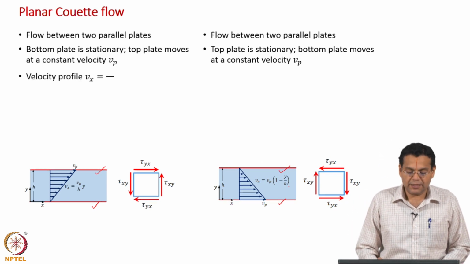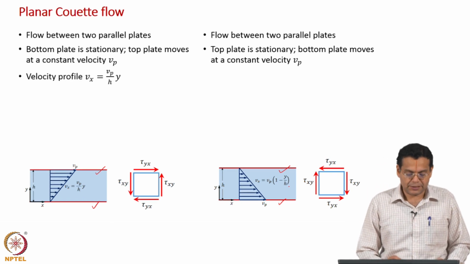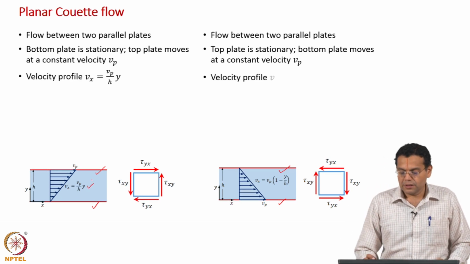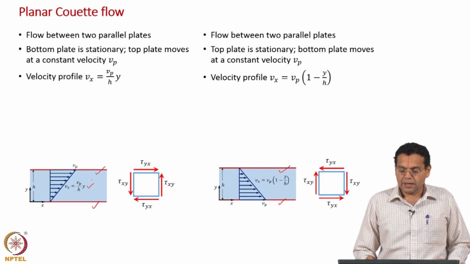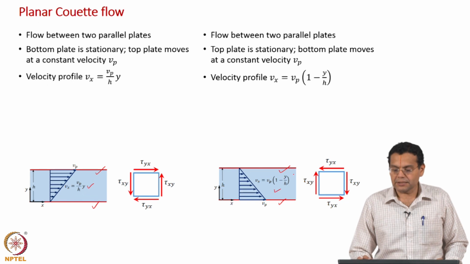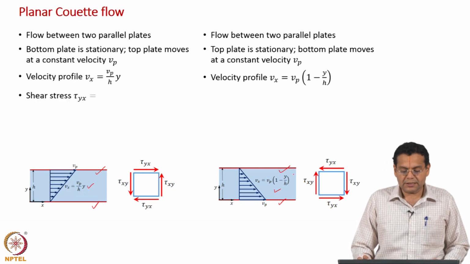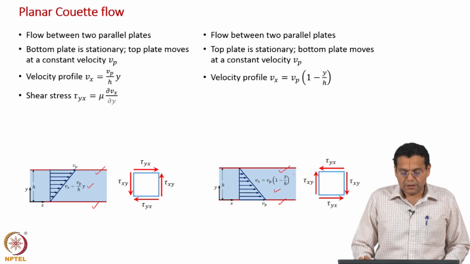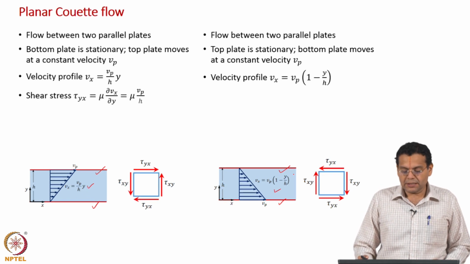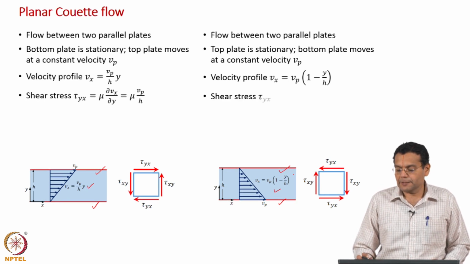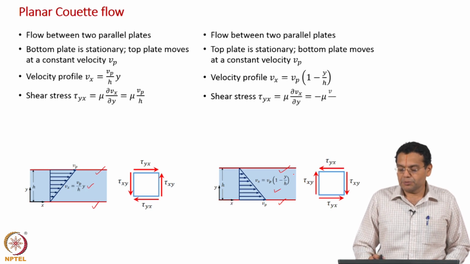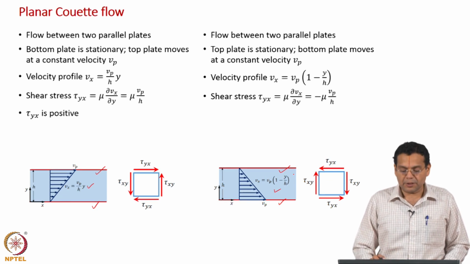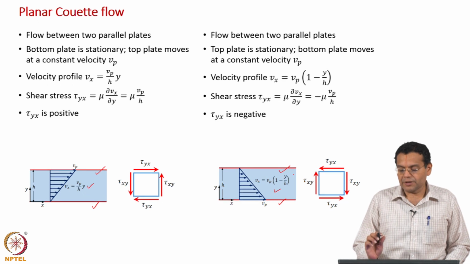What is the velocity profile? It is Vp by h into y in the first case, and now the velocity profile is Vp into 1 minus y by h. What about shear stress? Tau x is equal to mu Vp by h in the first case, and in the present case tau x is equal to minus mu Vp by h. In the first case tau x is positive, in the second case tau x is negative.